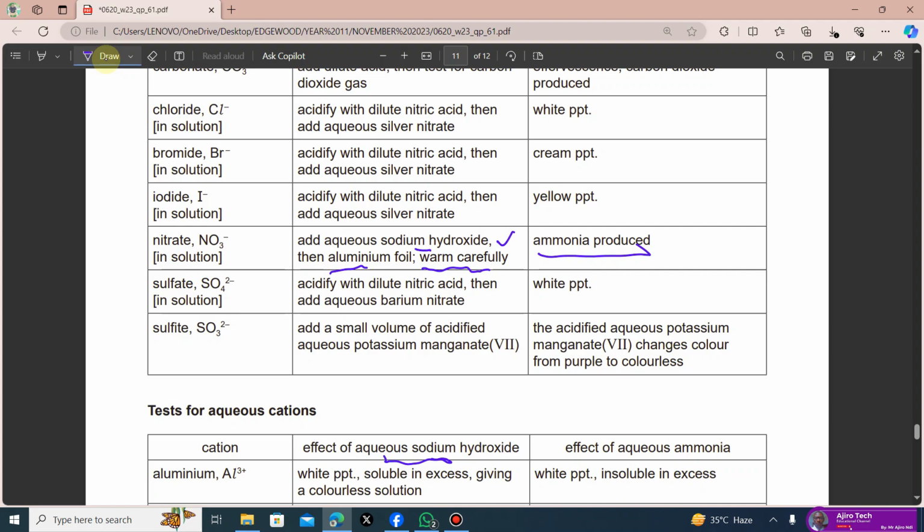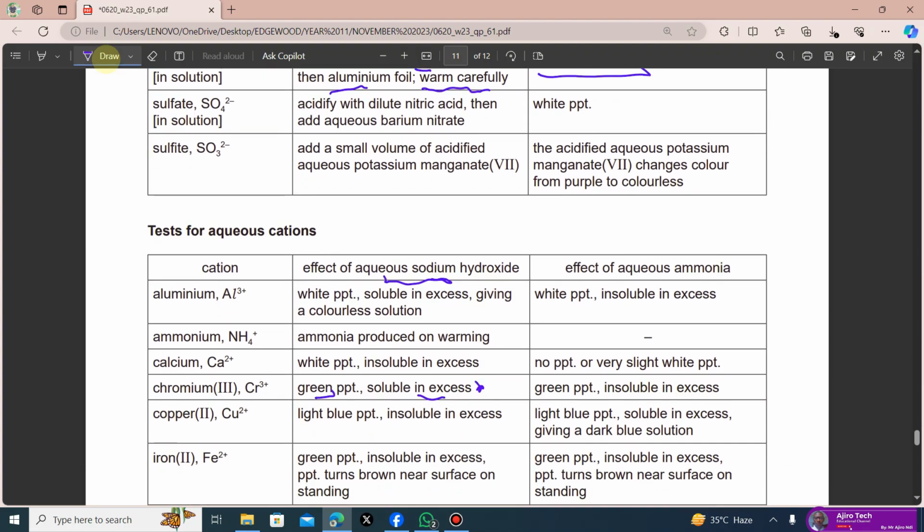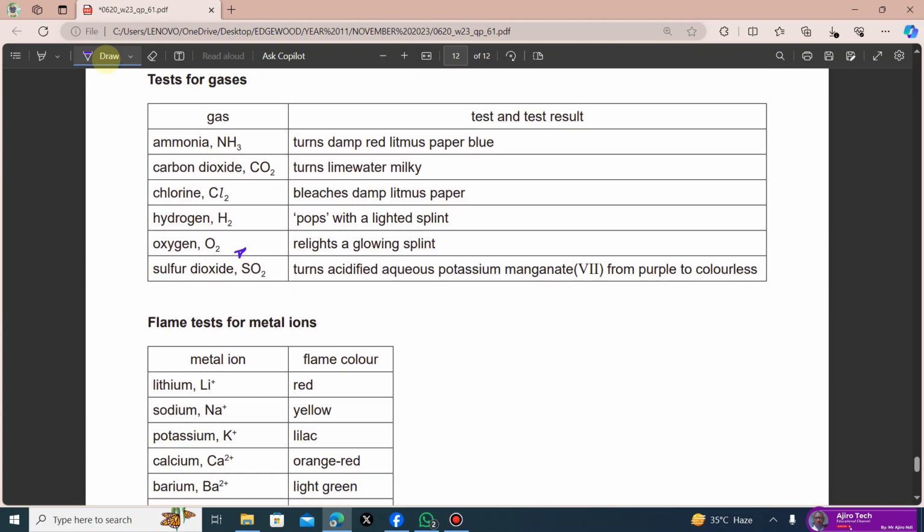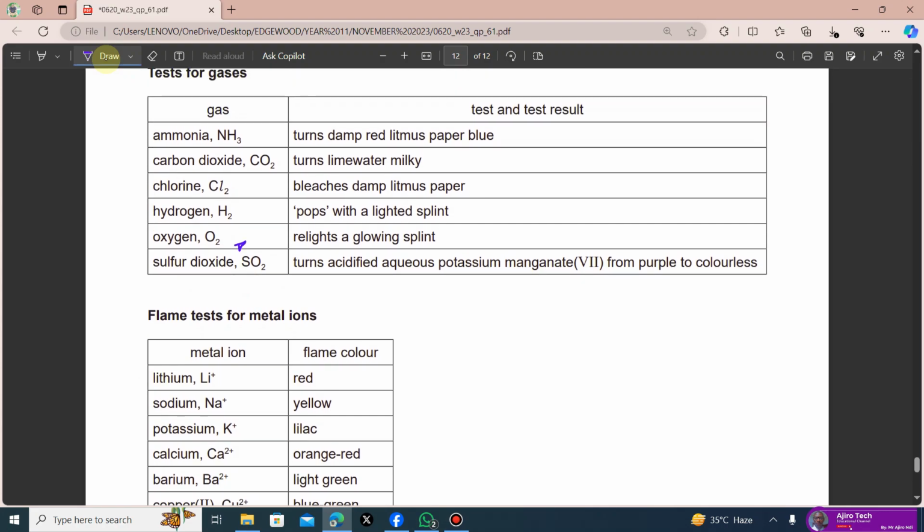So what will be the observation if ammonia gas is produced? You have to remember the test for ammonia gas. Still consult the table to be sure if you are not sure. If you look at the table, how do you test for ammonia gas? It turns damp red litmus paper blue. So this is the observation that should be inserted into that answer.